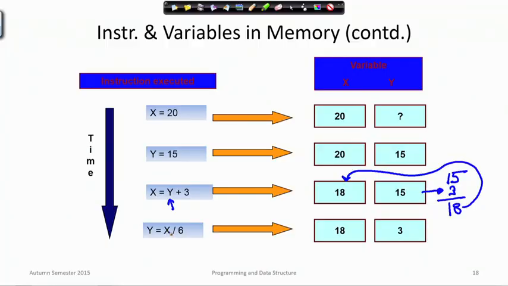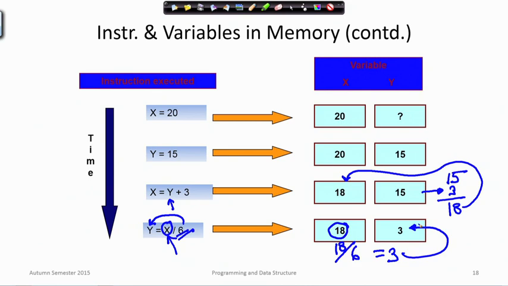Now, what is meant by this statement? I will read it like this: the value stored in x, that is 18, will be divided by 6, and that result will be stored in y. So, x was 18, 18 has been divided by 6 and we get 3, and that 3 is written in y.